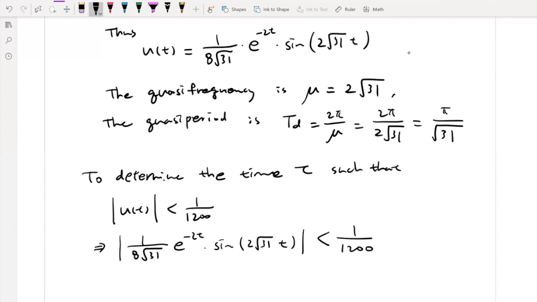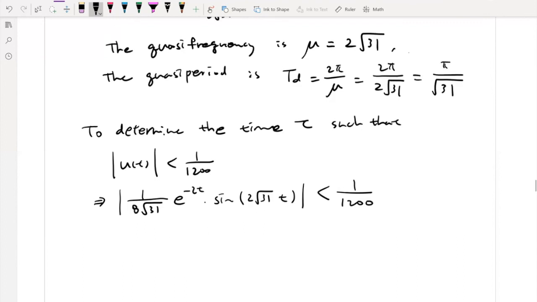This one is not easy to solve exactly. But think about it. We have a sine function. We know the range of sine, which is from -1 to 1. So we can set up this kind of inequality.